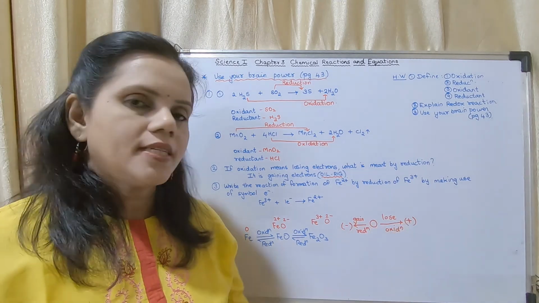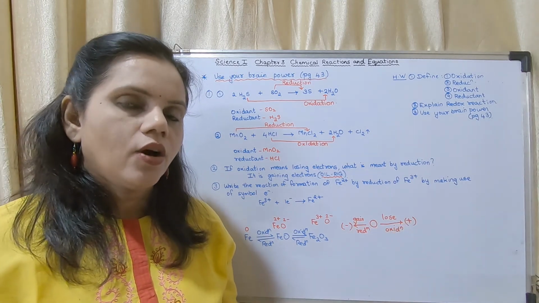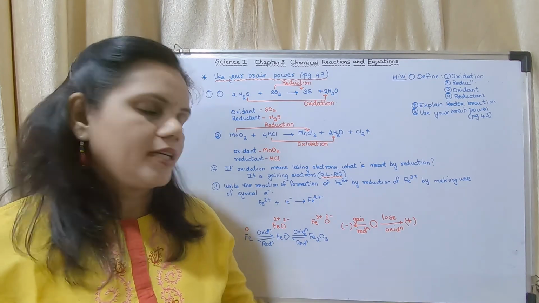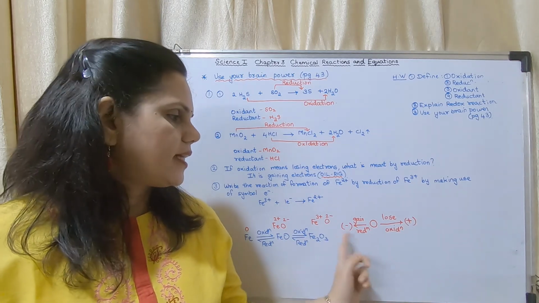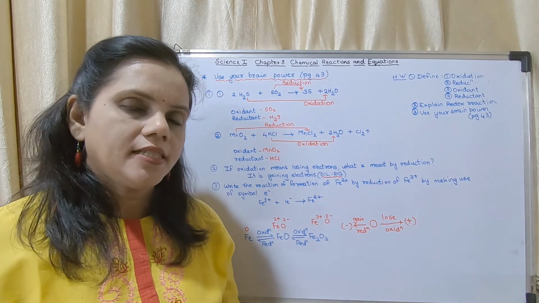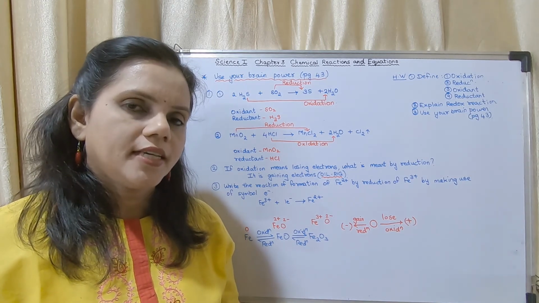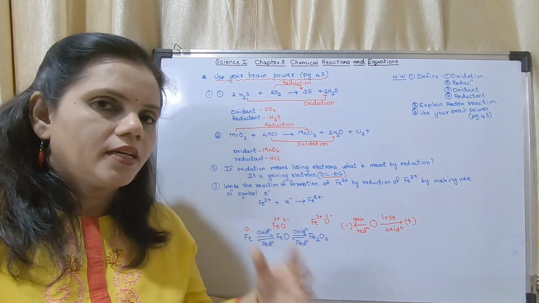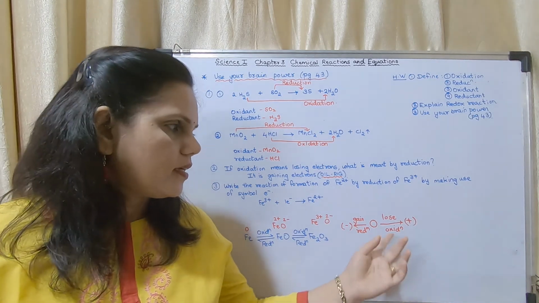When the positive charge increases or negative charge decreases, it is oxidation. When the negative charge increases or positive charge decreases, then it is reduction. You may remember it only one way.